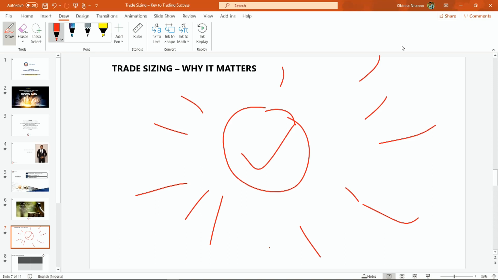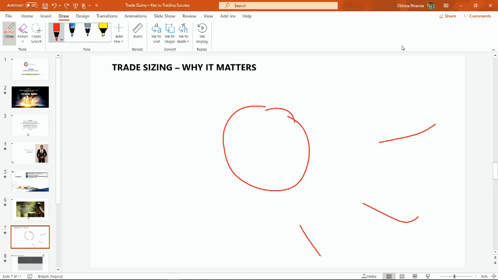Now, what we try to do is make sure that we limit our risk and then enhance our reward. We try our best to risk little in order to make more, so maybe risk one to try and make two.